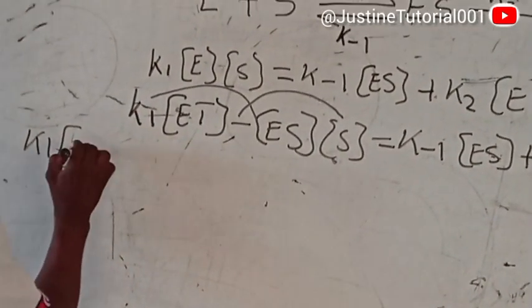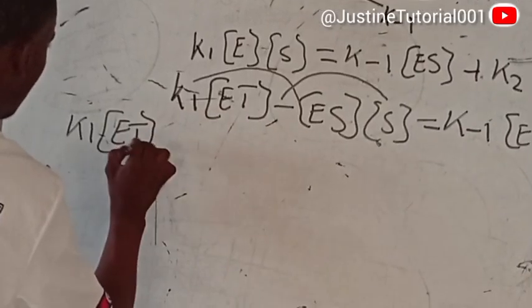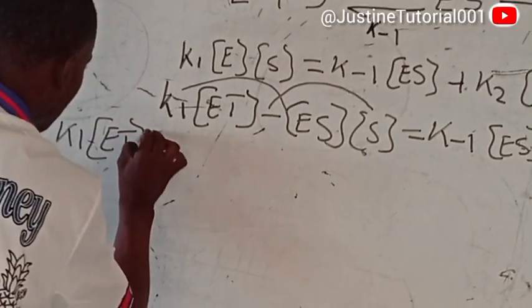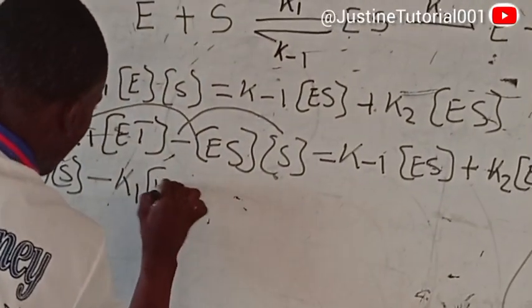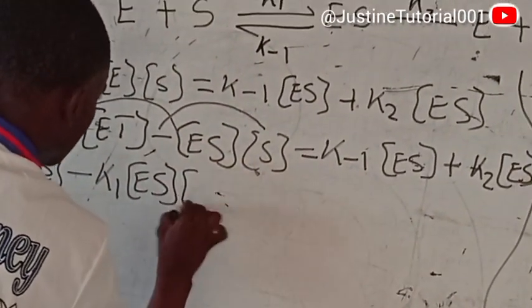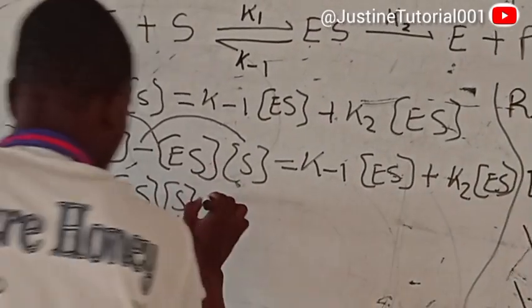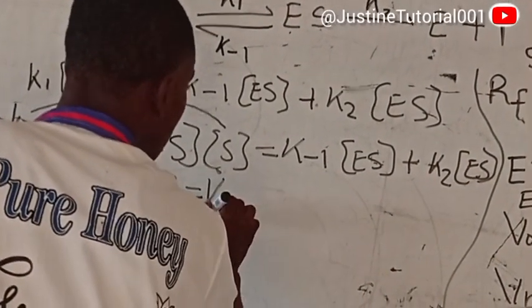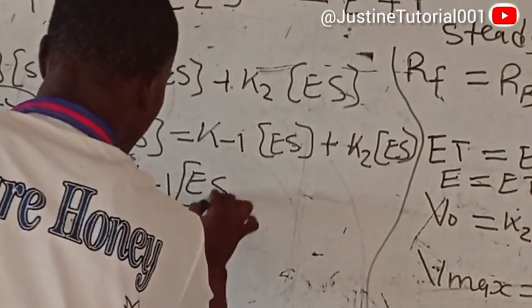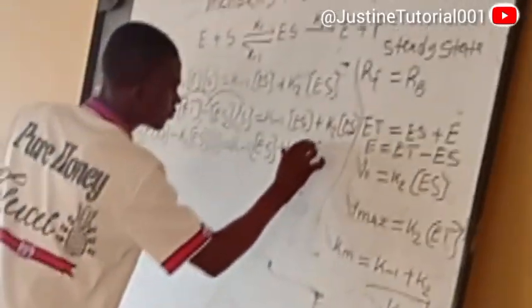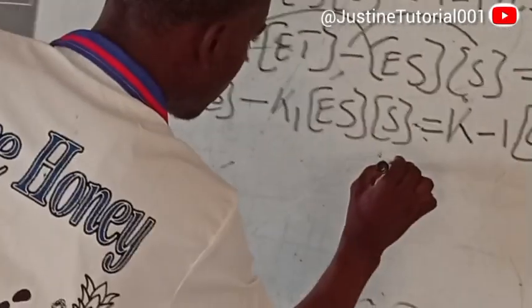So we have to bring this here and bring this here. We are getting K1 times enzyme total minus K1 enzyme-substrate complex times substrate equals K minus 1 enzyme-substrate complex plus K2 enzyme-substrate complex.